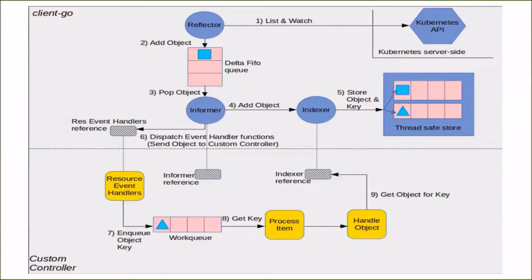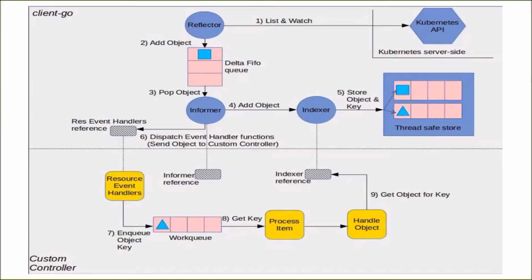Second, it will be pushing objects to the delta FIFO queue. Third is popping the object by the informer, which then passes it to the indexer. The indexer will store the object using the object's key. This is a thread safe store, so to retrieve the object, you can use the corresponding key.